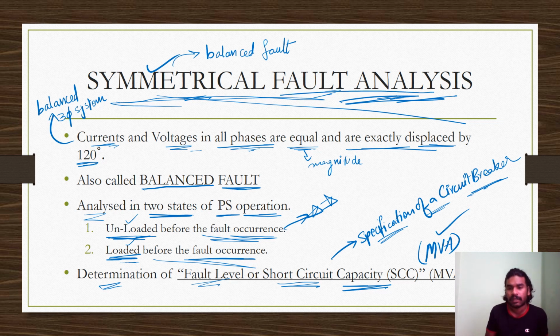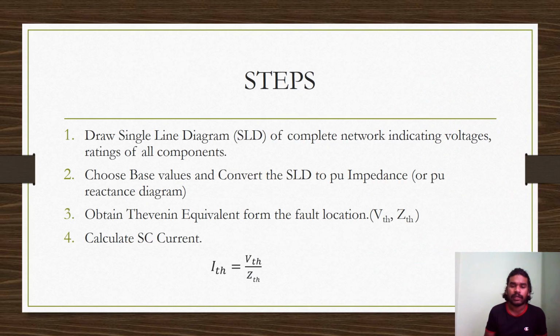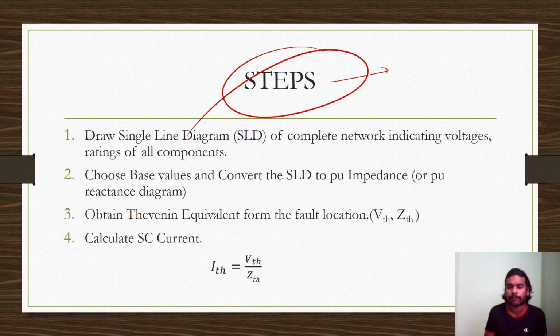Also, in the last class we saw that fault analysis involves determination of voltages and currents during the fault, and using these voltages and currents we will find the short circuit capacity.